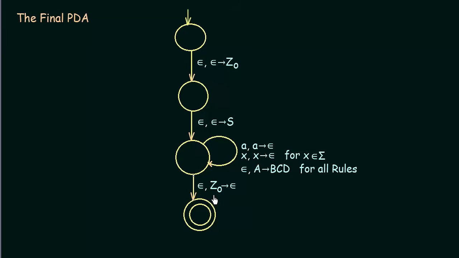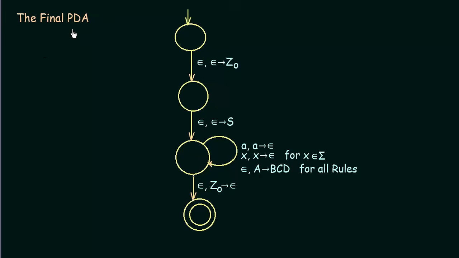Z0 was the first element that was pushed to the stack, and if at the end we find Z0, then we can pop it, and we make sure that we have reached the end of the stack and we don't push anything. At that time you can come to the final state, and hence the language generated by that context-free grammar will be accepted.